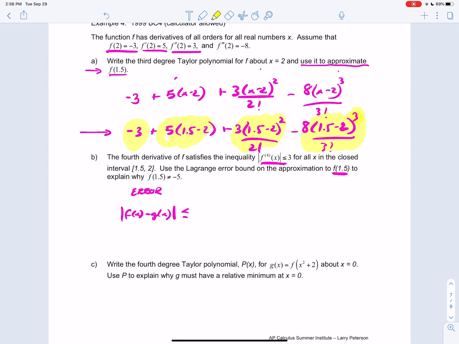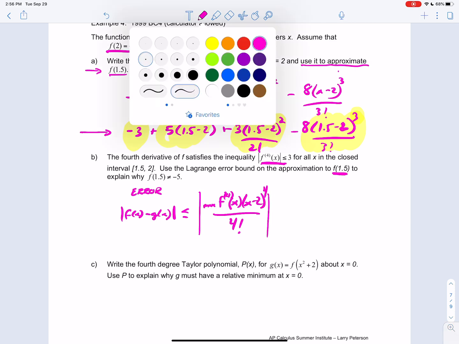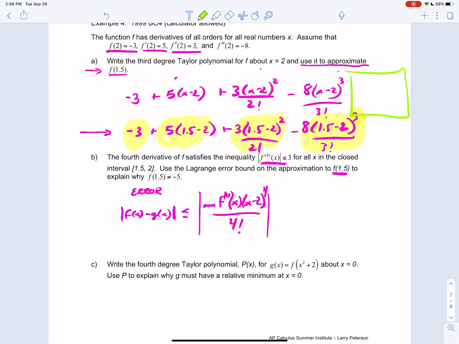So our error is going to be based on the next term, the fifth term, which should be the maximum of the fourth derivative of (x minus 2) to the fourth over 4 factorial. Okay? So that next term that we did not use is going to be right here. It's going to be whatever that fourth derivative is, (x minus 2) to the fourth over 4 factorial. That's going to be your error.